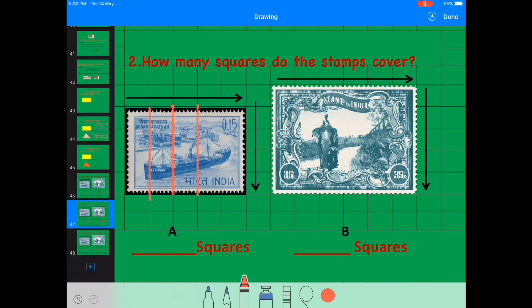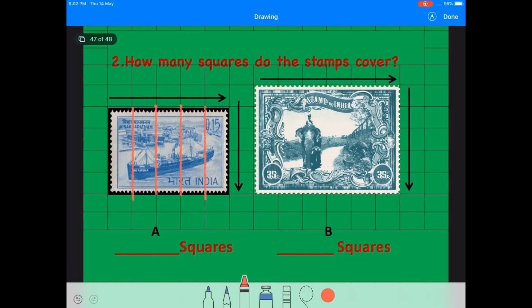Join the lines. Let us count 1, 2, 3, 4, 5. 5 into 1, 2, 3, 4. So 5 into 4 is equal to 20 squares.